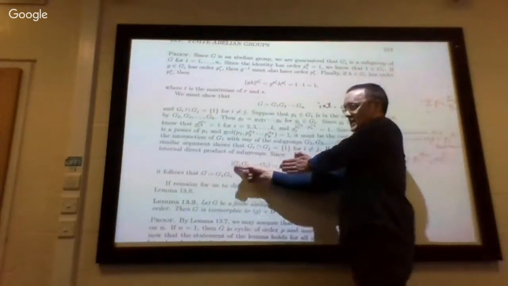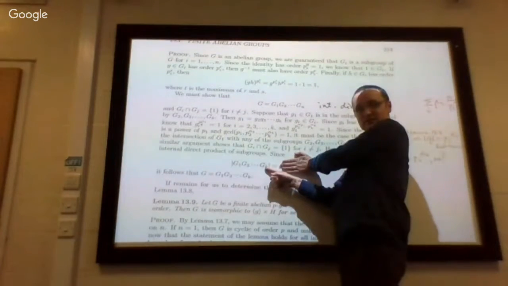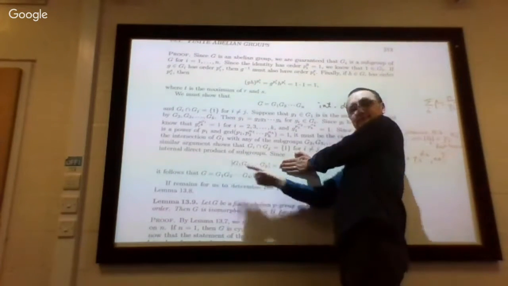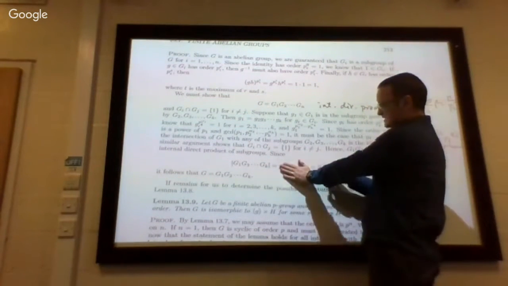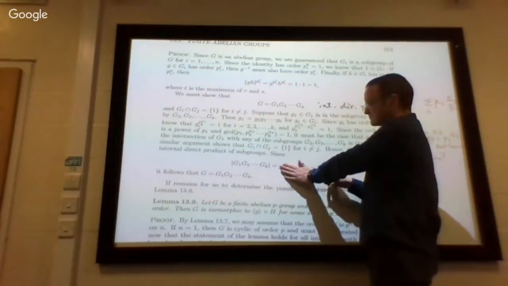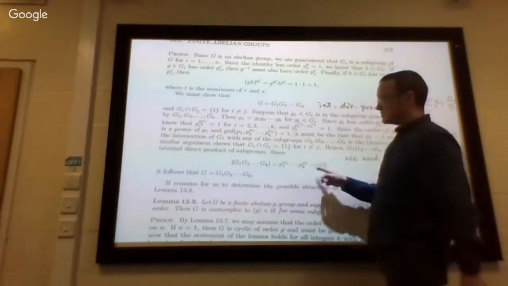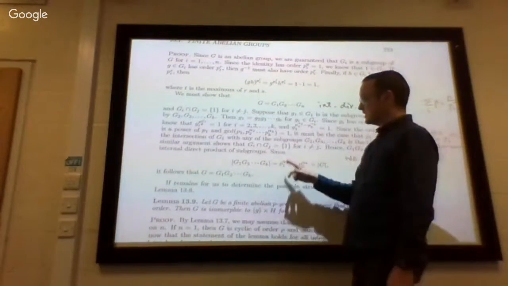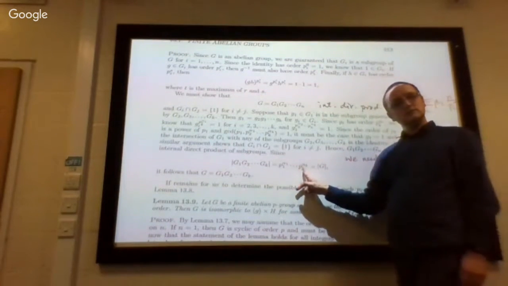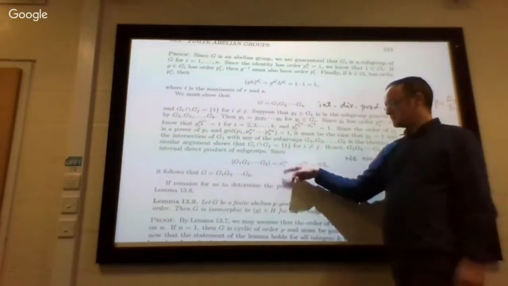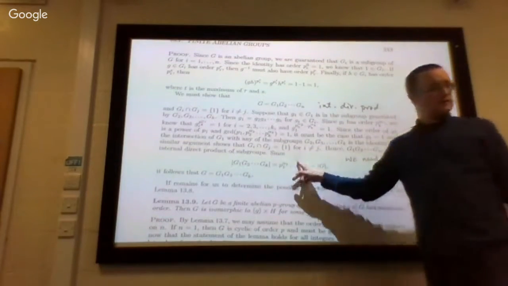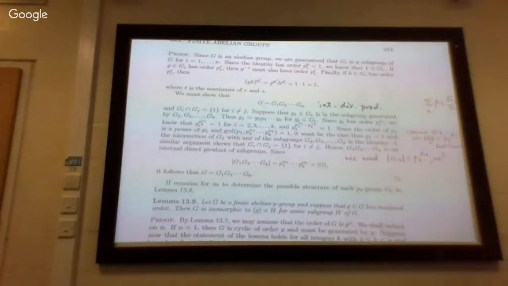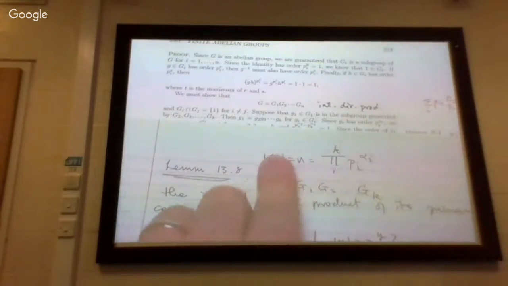He's going to judge how many elements are in the internal direct product, just the size of it. And he claims that it's equal to the size of G. He reaches that conclusion because he says the size of it is equal to the product of all the pi to the alpha i. That was our prime factorization of n.